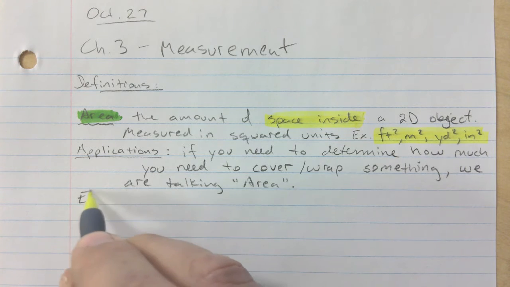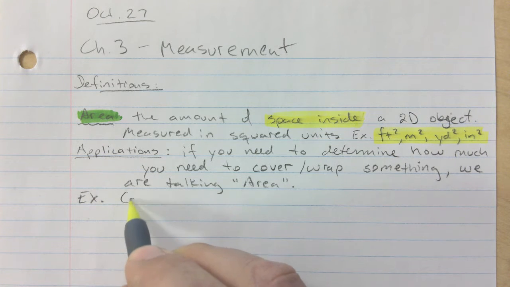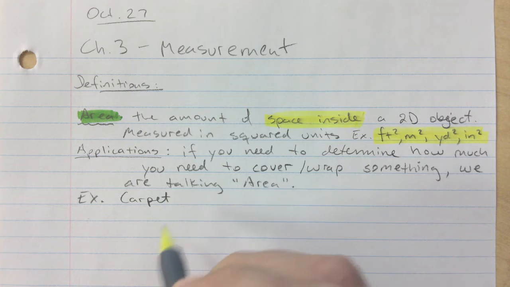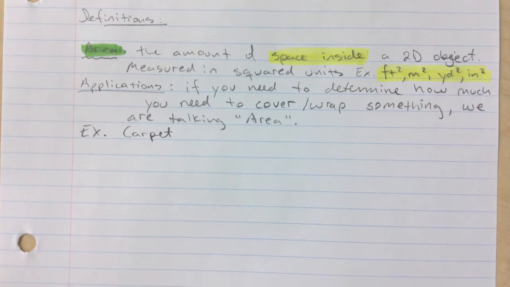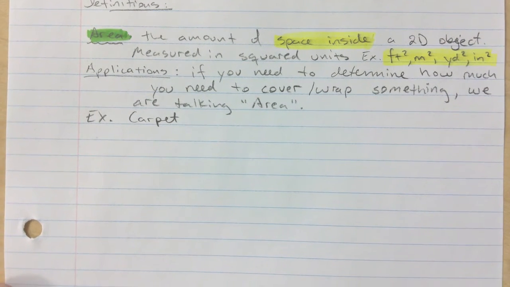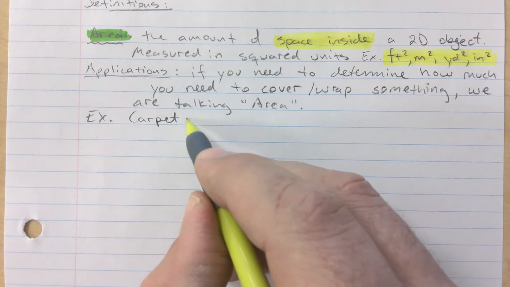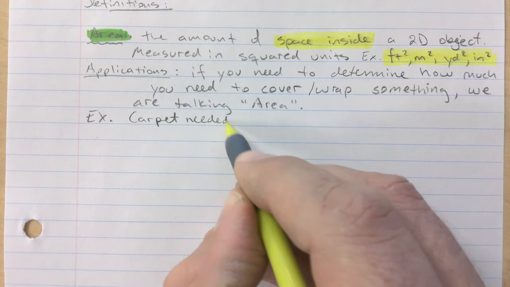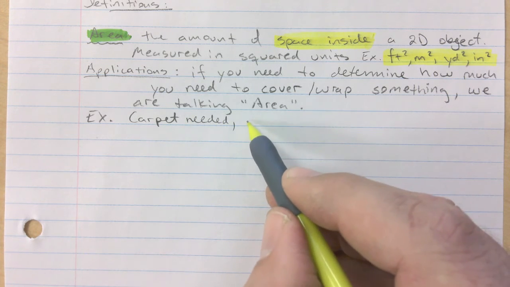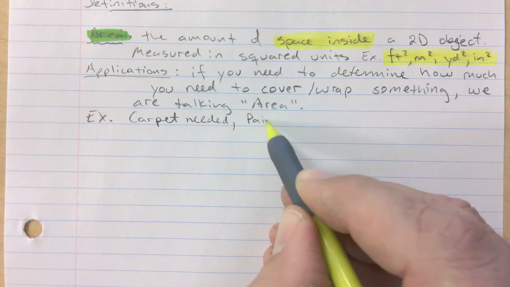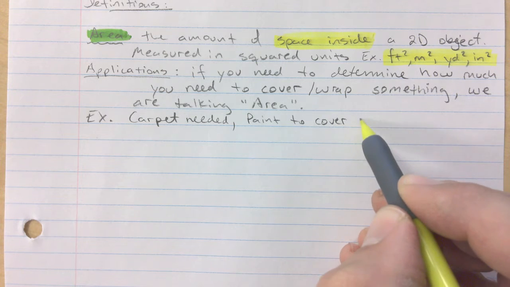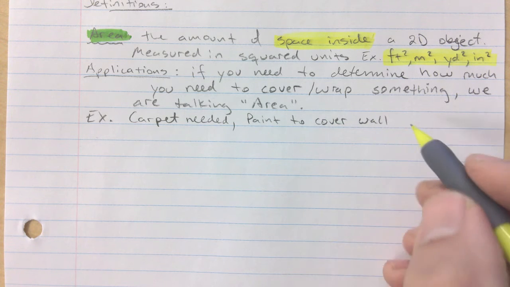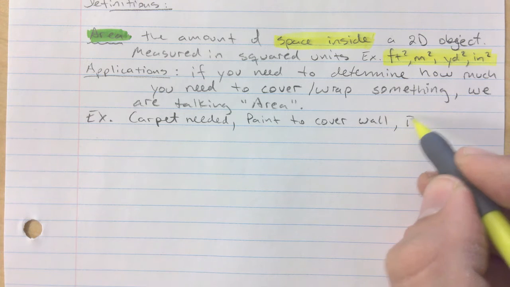Some examples would be carpet. Like if they ask you how much carpet would you need to purchase, right? Carpet needed. Paint to cover wall. Flooring.